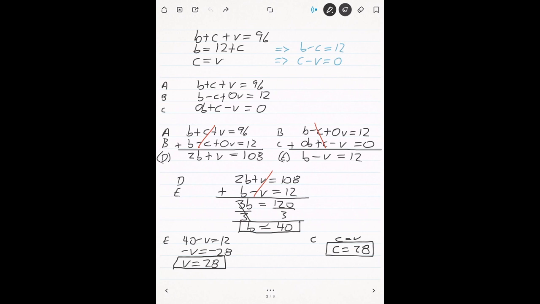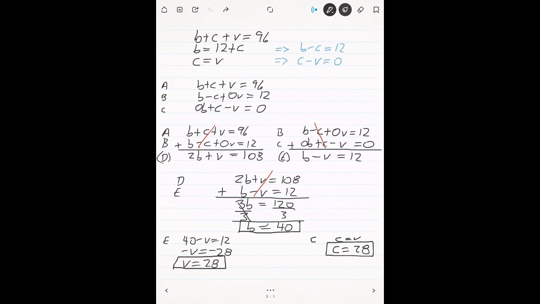Now, I took those equations, D and E, and I combined those together using the elimination method, and I canceled out the variable V. When this was canceled out, I ended up with just 3B equaling 120, and when I solved for B, I got 40.